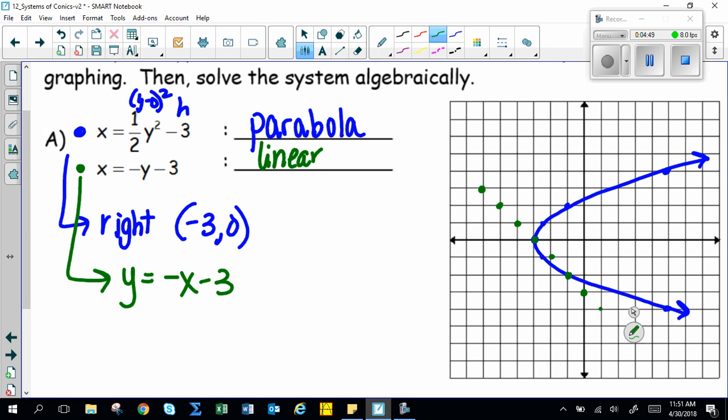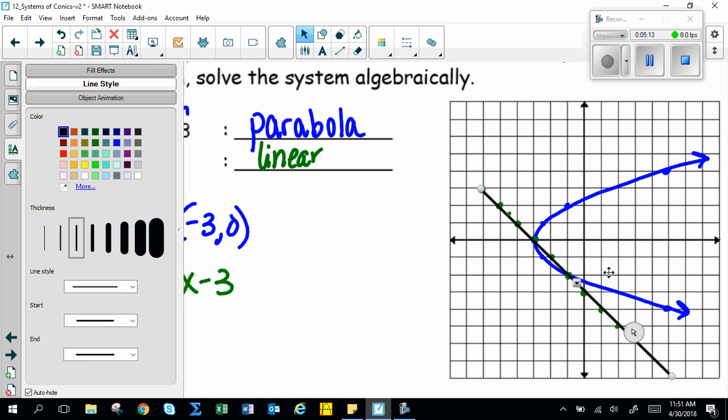All right. And then the best I can, if I had a nice ruler, that would be helpful for this, because it's linear. Not that all of them are going to be linear. And yeah, it looks like these two graphs are intersecting twice. Let me make that green, make it easy to see.